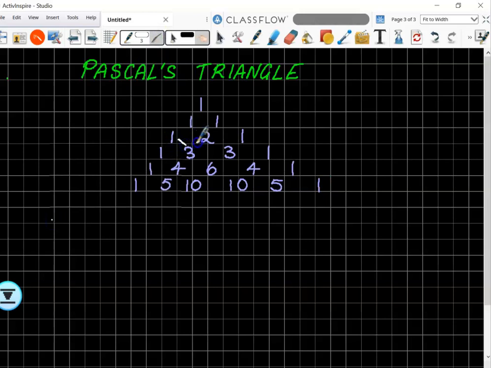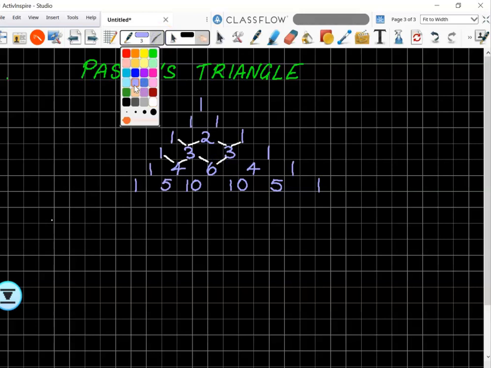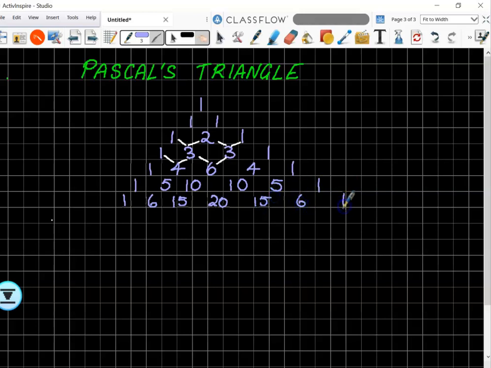Yep, so 1 plus 2 gives you the 3. 2 plus 1 gives you the 3. 1 plus 3 gives you the 4. 3 plus 3 gives you the 6, and so on. Right? So just a pattern. So just to be sure, what's our next row? 1, 6, 15, 20, 15, 6, 1.